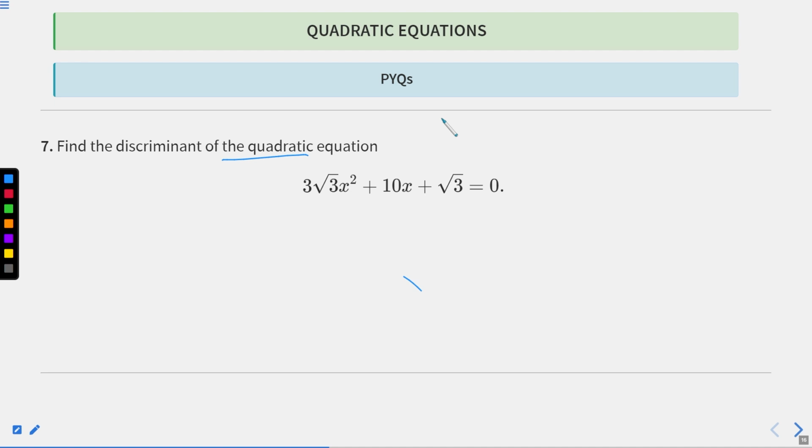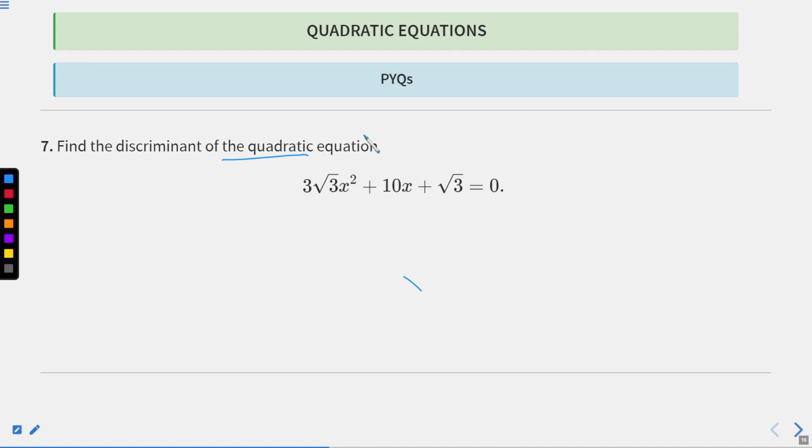First you compare this equation with the standard quadratic equation ax square plus bx plus c is equal to 0, and after comparing you will get the values of a, b, and c. Then you have to find the value of b square minus 4ac.